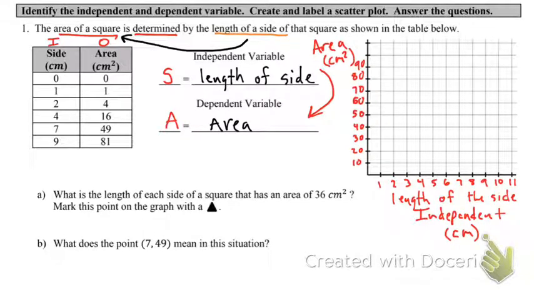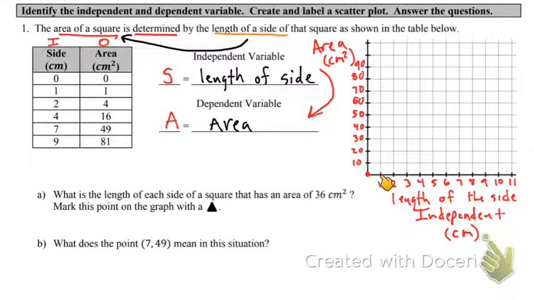Okay, so now all we've got to do is start plotting these points. My independent variable, my input, is 0, which is this axis. So we're at 0, and when I input 0, I get 0. So my first dot will be here, (0, 0). The second dot is 1 on the x-axis, the independent axis.